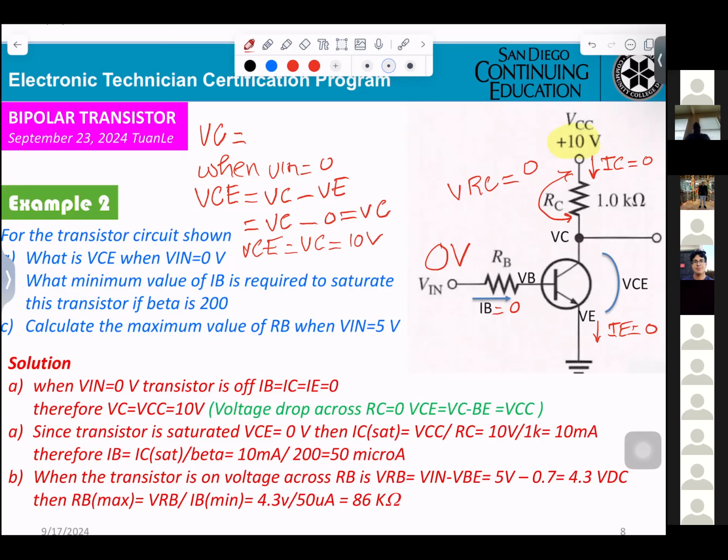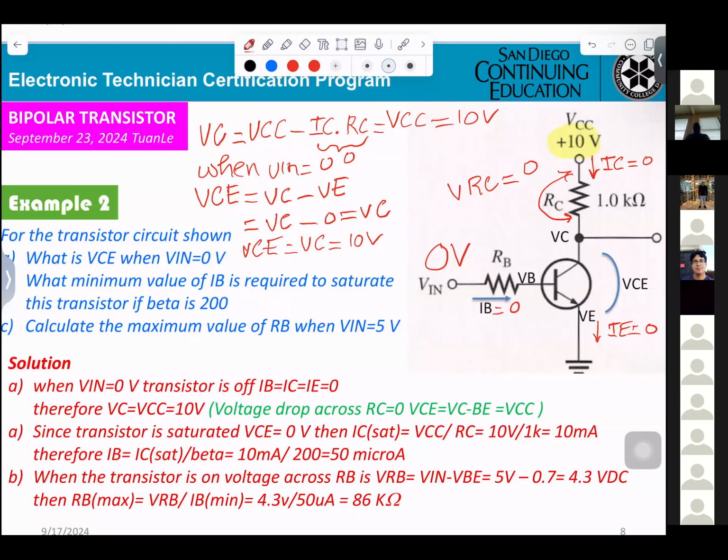VC basically equals VCC minus IC times RC, and this IC equals 0. So IC times RC is 0. And they will be equal to 10 volt.